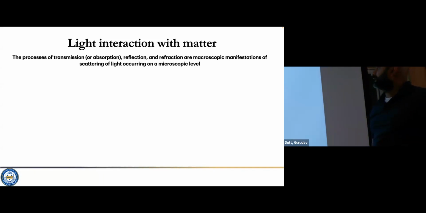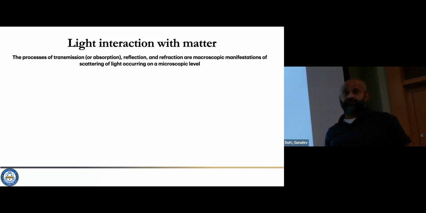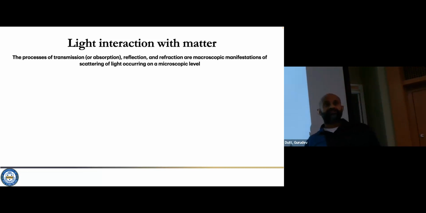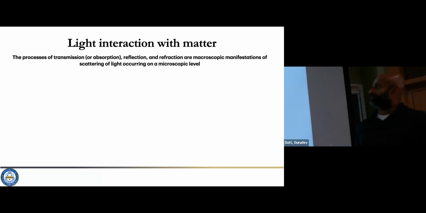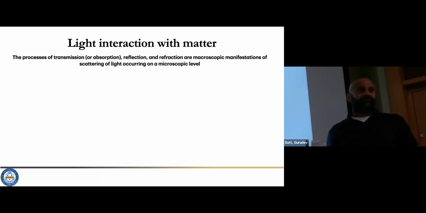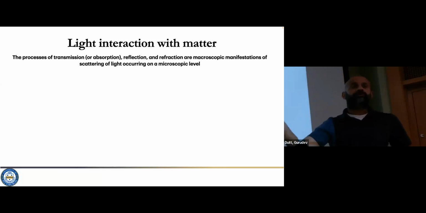Okay, and we'll see, or we can understand this completely, the process of transmission of light or absorption of light, reflection of light or refraction of light, are all just manifestations of the process of scattering on a microscopic level. So scattering of light occurring on a microscopic level eventually leads to the things that we think of as very different phenomena.